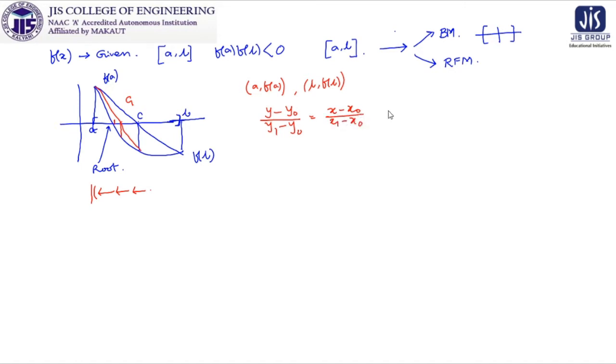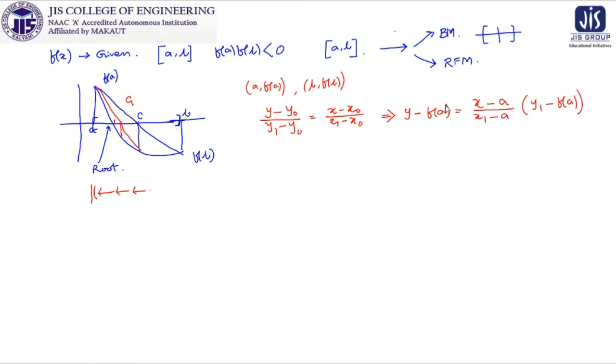By comparing this, we can write it as (y minus f(a)), because a and b are my first 2 points, is equal to (x minus a) by (b minus a), times (f(b) minus f(a)).